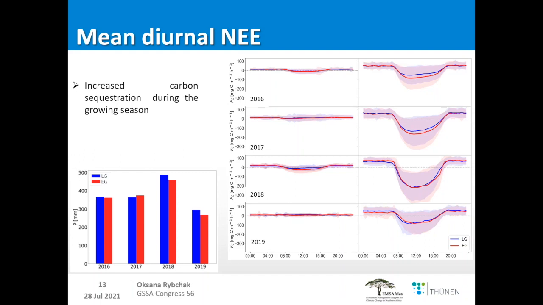In 2016 and 2017, we can see that the experimental grazing site had higher mean diurnal carbon peaks compared to the linear grazing site. Although the situation changed since 2018, when livestock grazing was reintroduced to the experimental grazing site, and the differences decreased between the sites.